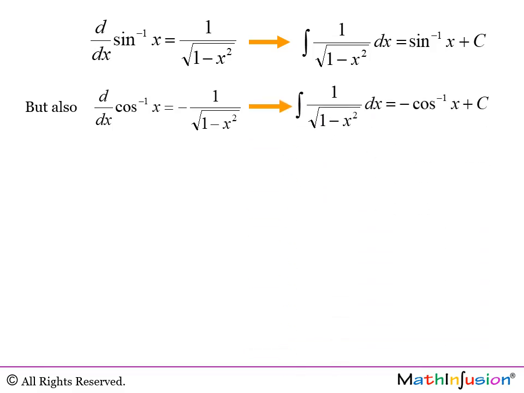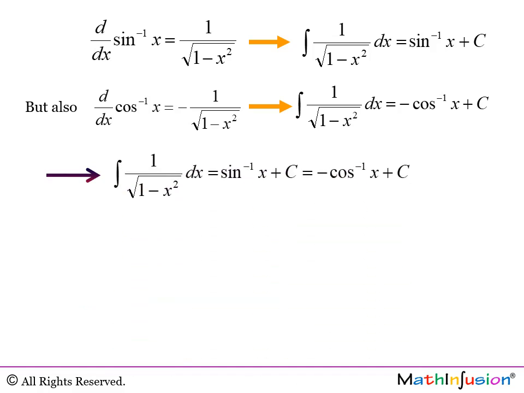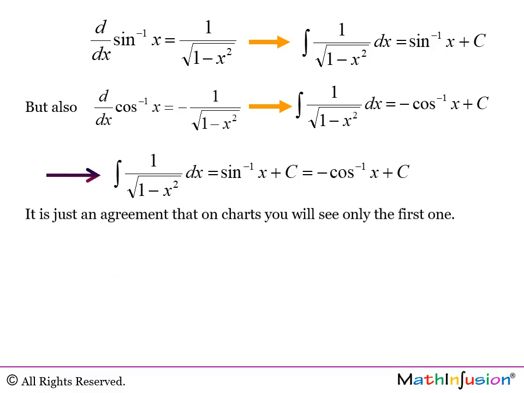It means that the antiderivative of 1 over square root of 1 minus x to the power of 2 has two answers. The first one is the arcsine of x plus c, and the second one is the negative arccosine of x plus c. Just because of general agreement, if you look at the books and the chart, you're usually going to see the arcsine of x plus c.